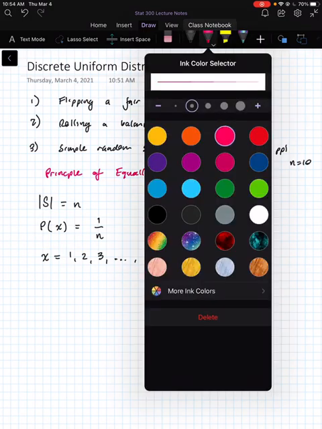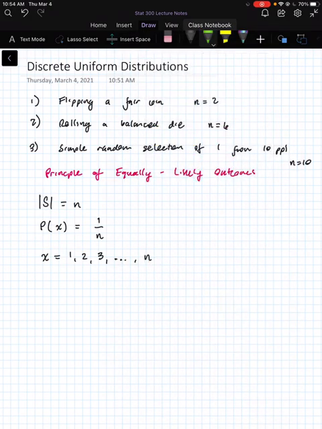So for instance, in the example of rolling a die, we have the 6 sides labeled and represented using this random variable that ranges from 1 to 6. And so each outcome has a 1/6 chance of happening.